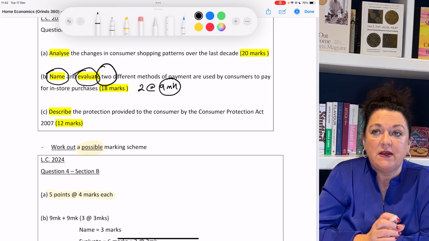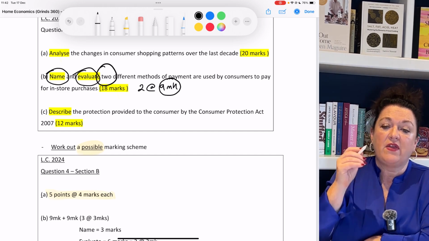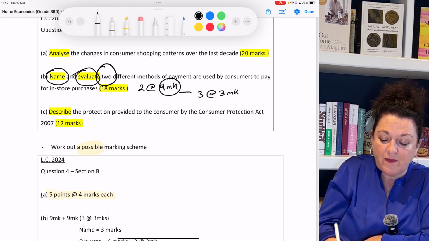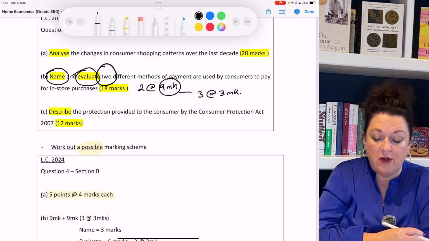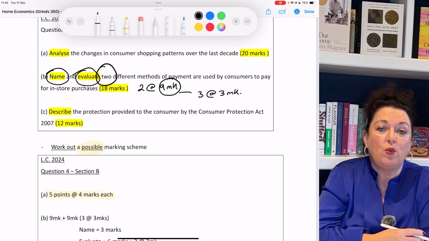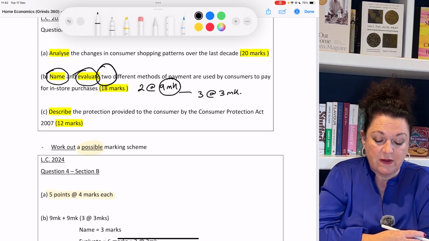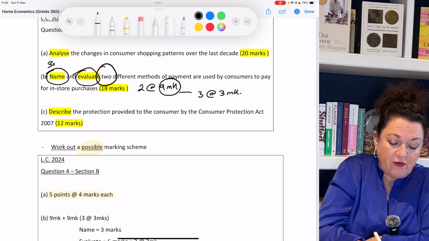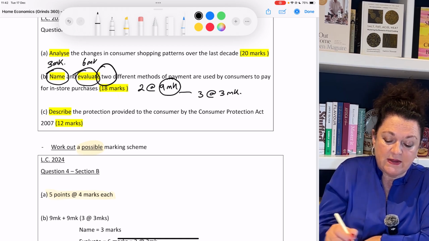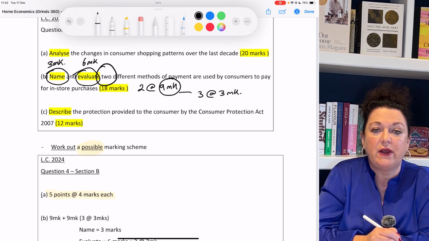So if I see 9 marks, I'm thinking that is 3 at 3 marks. Use some logic here. Of those 3 points, name would probably be 1, which is 3 marks. So we'll put name, 3 marks. So for my evaluation, it's going to be 6 marks, 2 at 3.